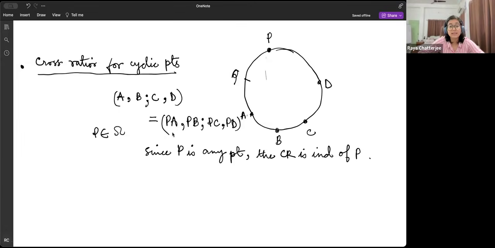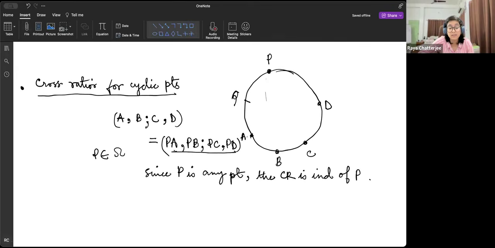This is not exactly a cross ratio. When you have names of lines going on in here, that means you're just going to use it for perspectivity. This is not the cross ratio of the lines, because if you had the ratio (A, B; C, D), you could just say AC by CB, AD by DB.